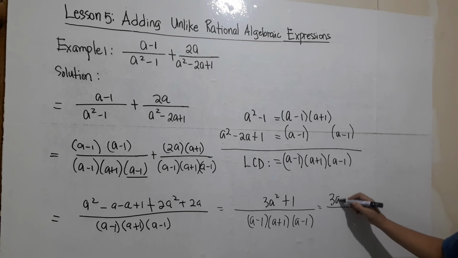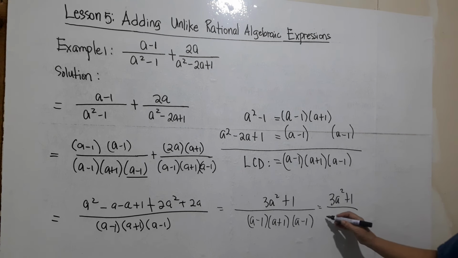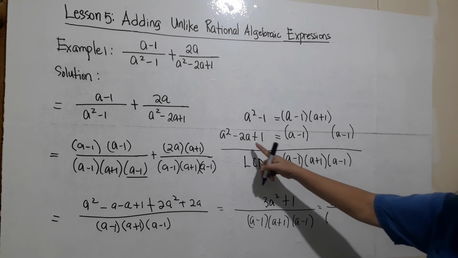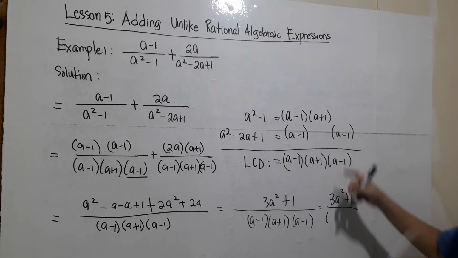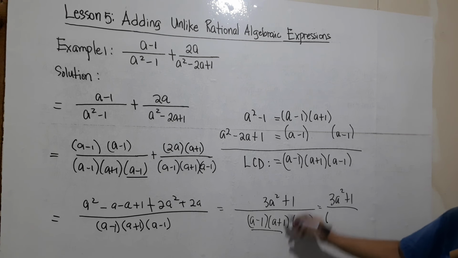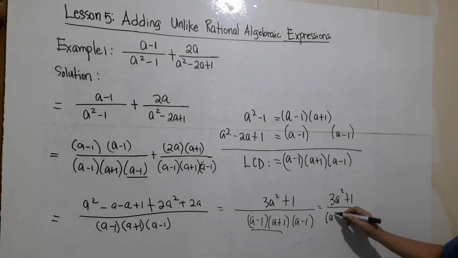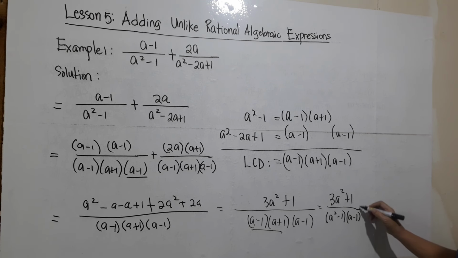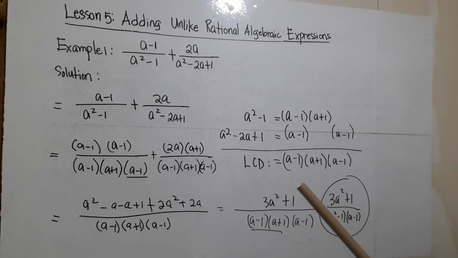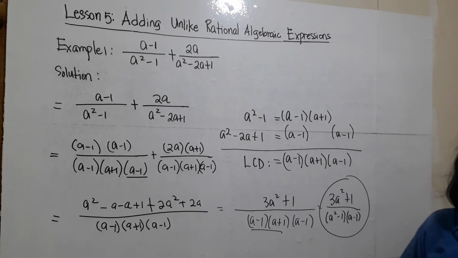So 3a squared plus 1 over a squared minus 1 times a minus 1. We leave it this way. So this is now the sum of the unlike rational algebraic expressions in example number 1.